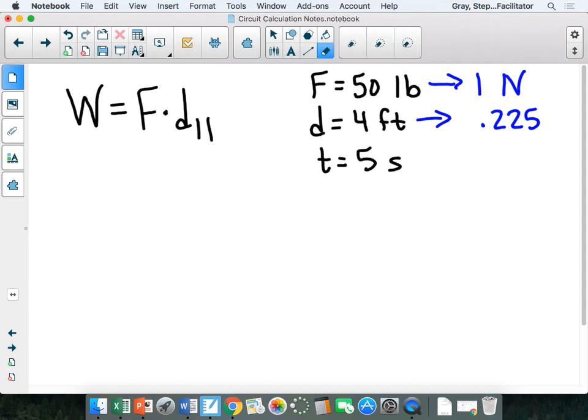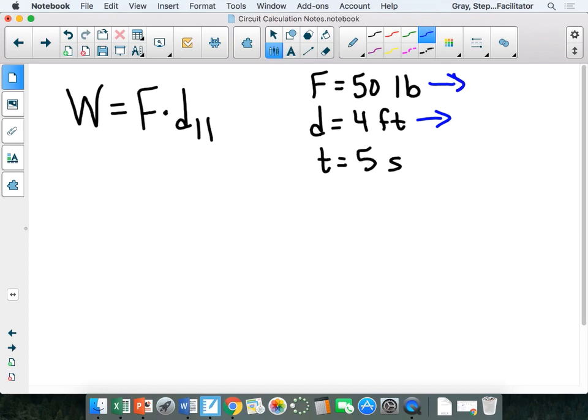Oh, I see what you're telling me. 222 newtons. And then 4 feet is how many meters? 1.22 meters. Okay, thank you.